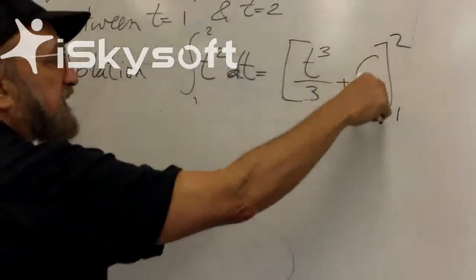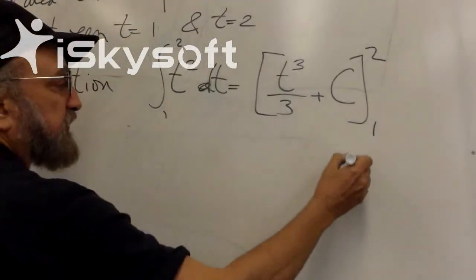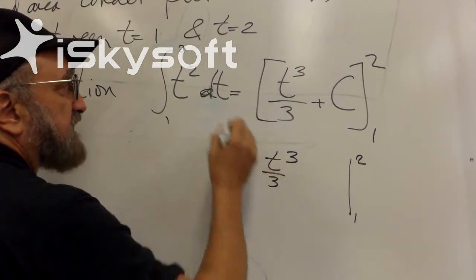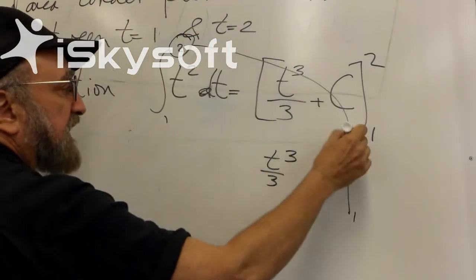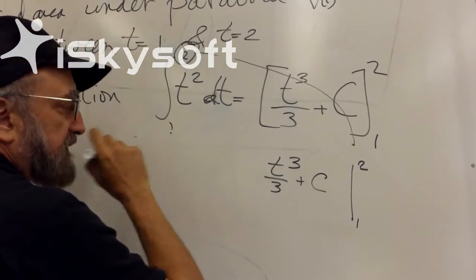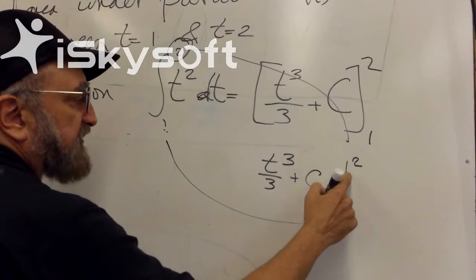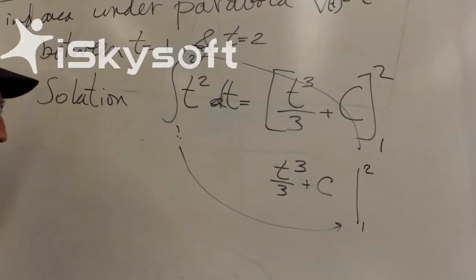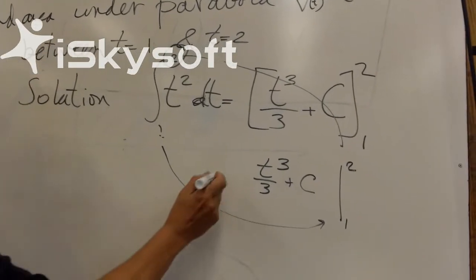This is the notation, sometimes written just with a straight line, 1 to 2, which means take the end point, the top, and evaluate your function, and the starting point, the bottom number, and subtract it. First evaluate at 2, then subtract the value when t equals 1. So let's do that.